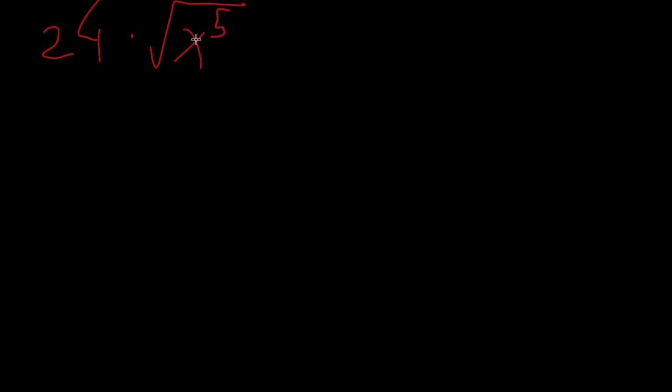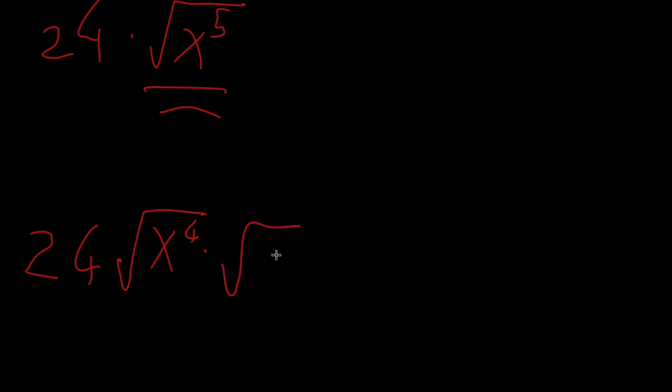And now to simplify this x to the 5th, we can write 24 again, and then you can write x to the 5th as the square root of x to the 4th times the square root of x, right?